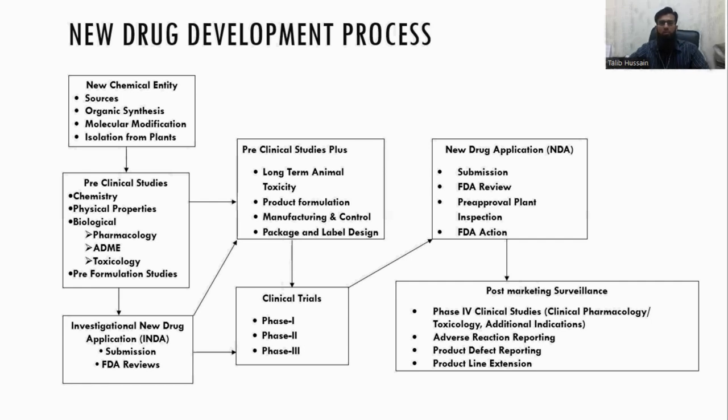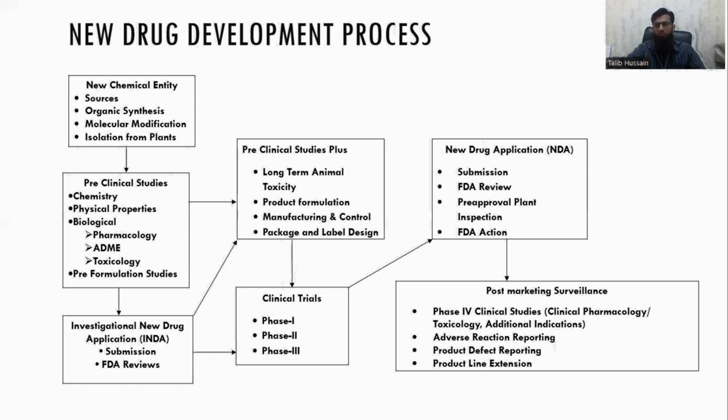DRAP will review it and check whether it has all the parameters, then a plant visit will be conducted and approval of the plant will be given where this formulation will be prepared.